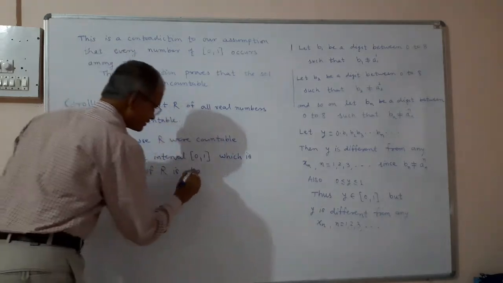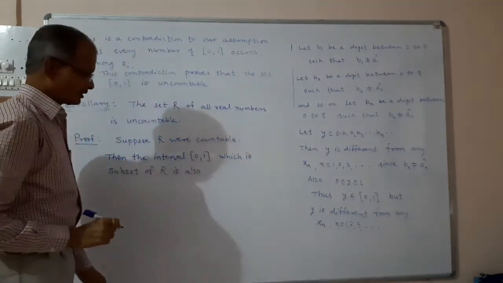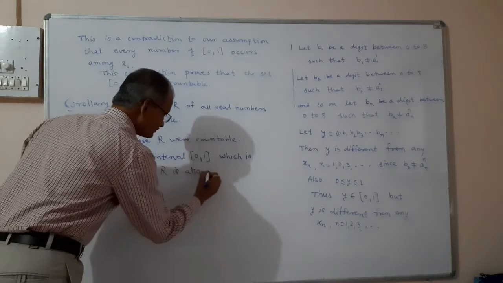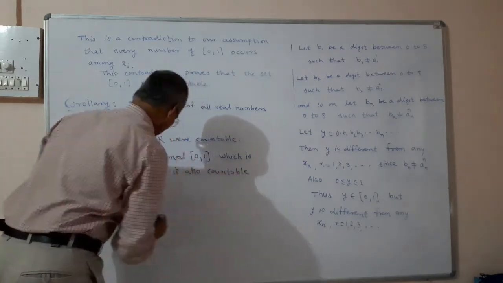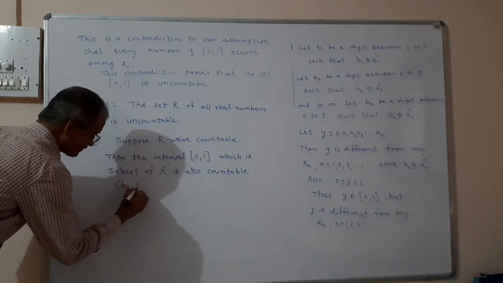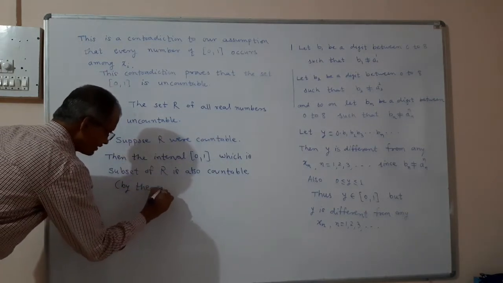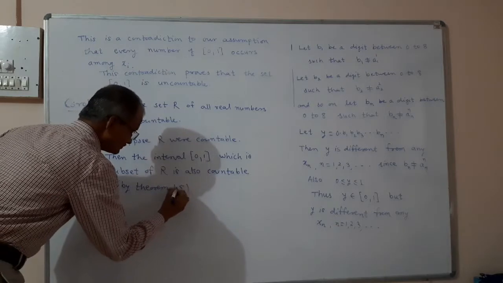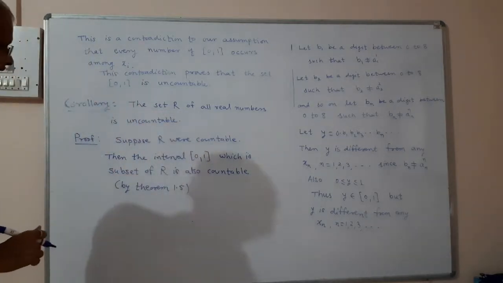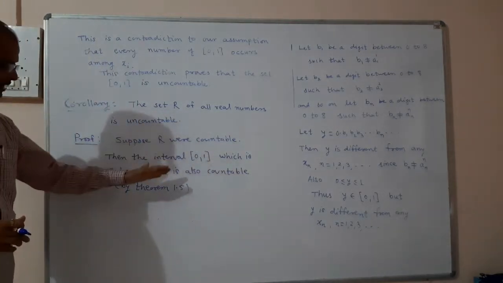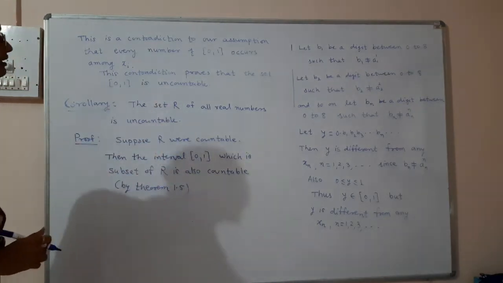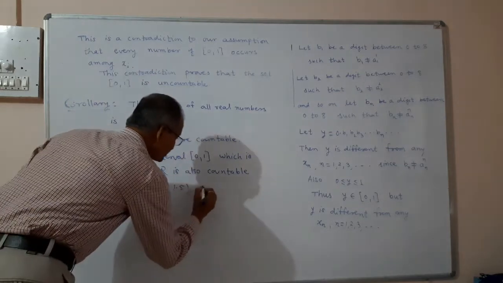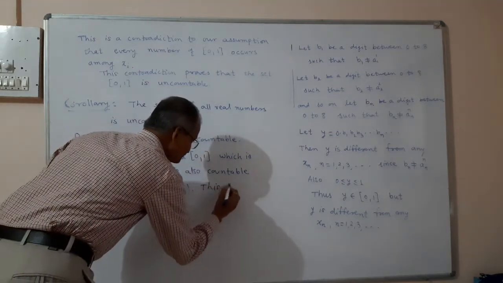We have a result that a subset of a countable set is countable. So this is by theorem 1.5. A subset of a countable set, though it is infinite, is countable. But this is a contradiction to the above result.